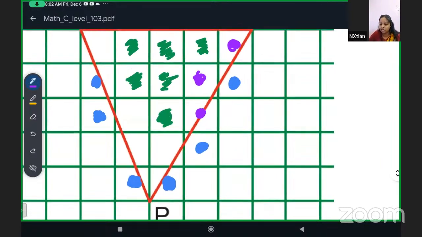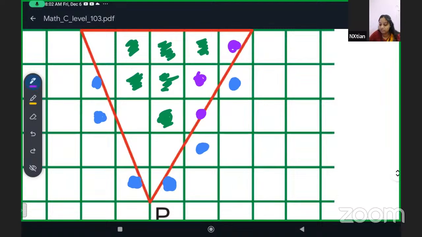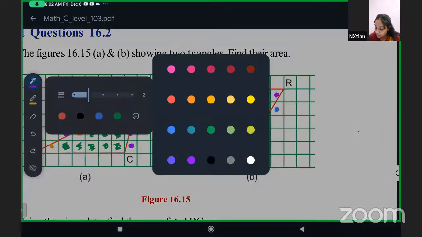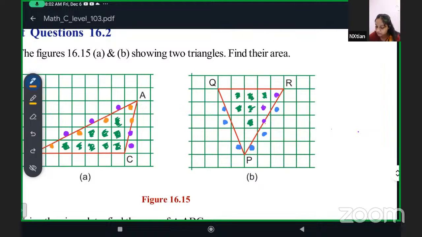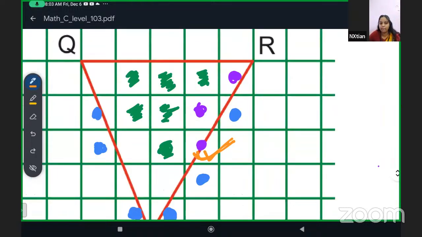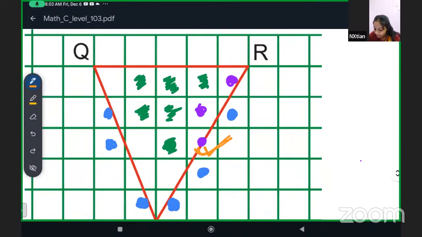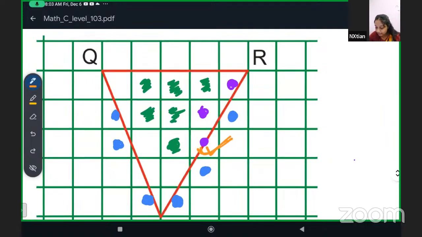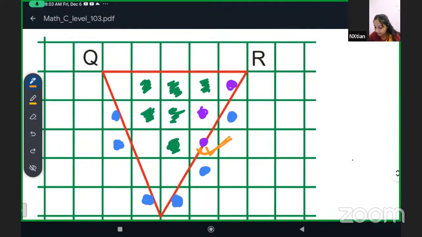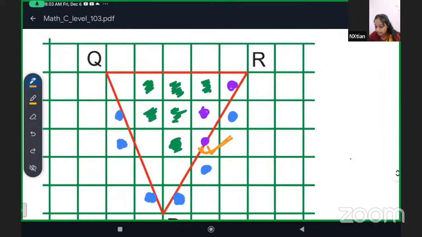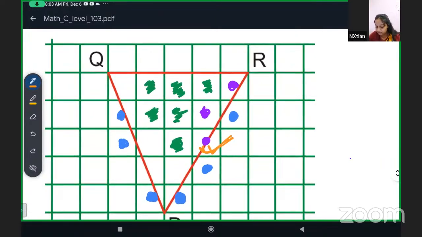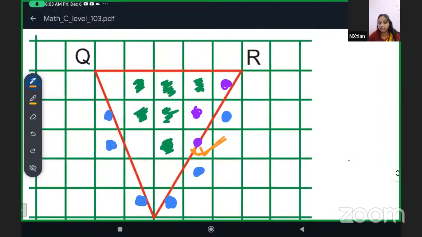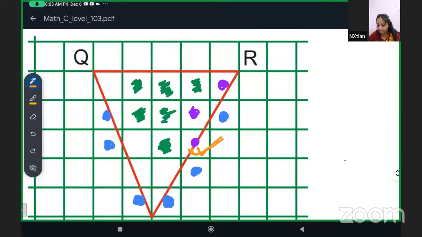Which one are you talking about? This one? Yes, ma'am, this one only. If I see it like that, maybe it is actually exactly half, because, ma'am, the two units that make it half are the same distance from that.